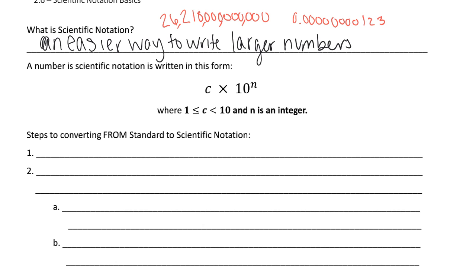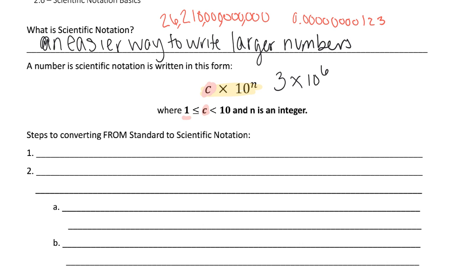And it's written in this form. It really looks like something like 3 times 10 to the 6th. What's important is that this C value has to be between 1 and 10.